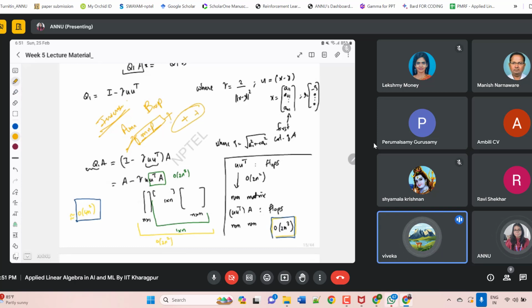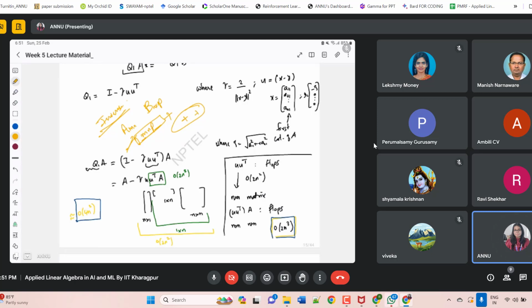Ma'am, I have a doubt about flops in computational complexity. Where do we use flops, and how? Okay, flop, what do you mean by flop? First of all, flops is the computation required for the number of additions and multiplications.